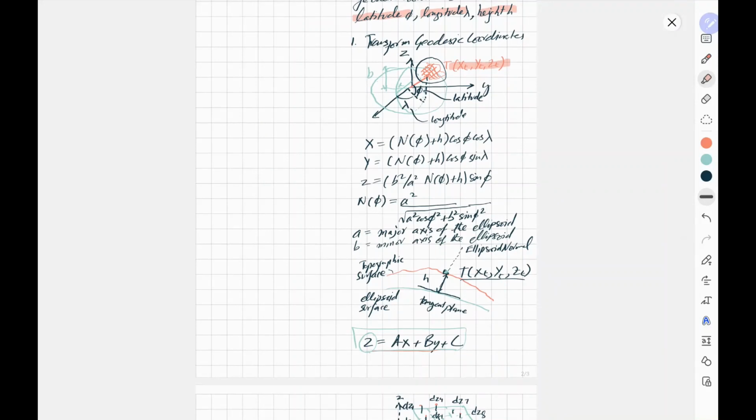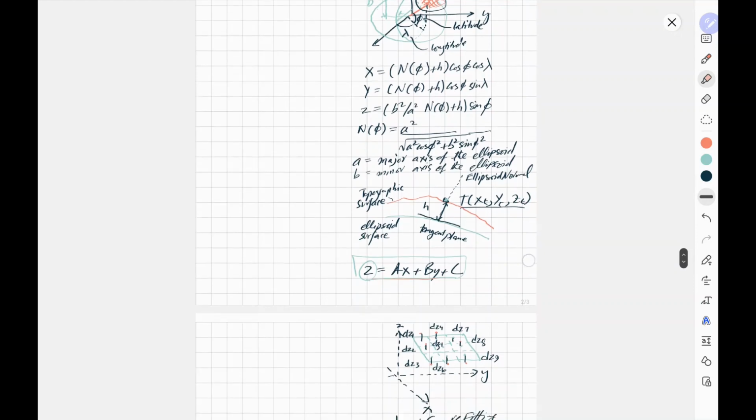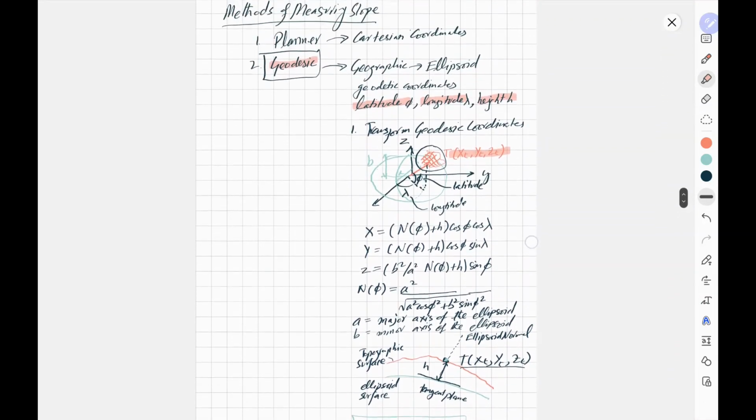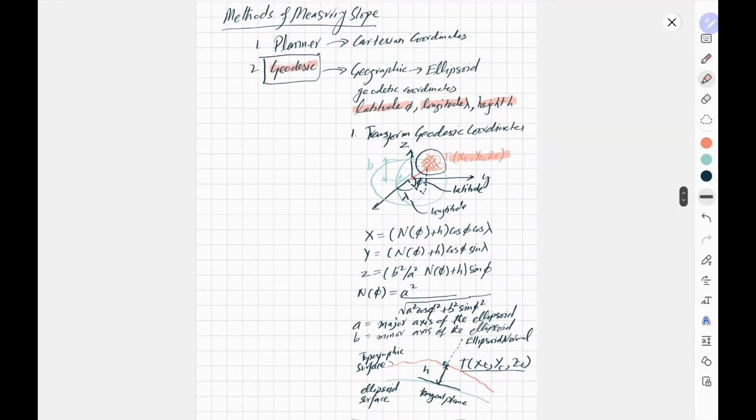There is no need to go into the details of these formulas, it is just to explain. Our point data is this surface, which I have circled.